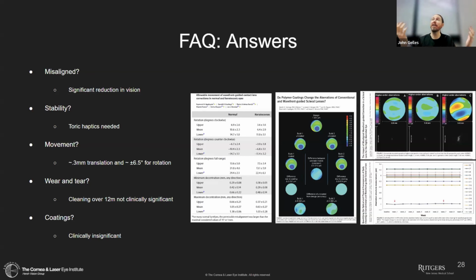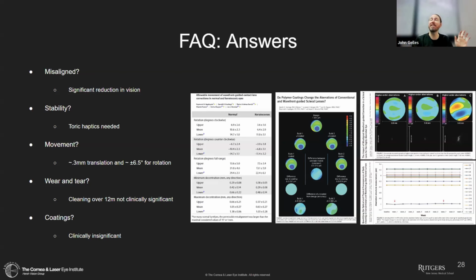How about wear and tear? Do these optics last over time? Yes, we find that in a study that was done by Marsak's group, cleaning a lens over a year-long period of time does not clinically change the aberrations for an individual. Coatings wise, are coatings like Tangible Hydra-PEG going to be something that changes the optics?